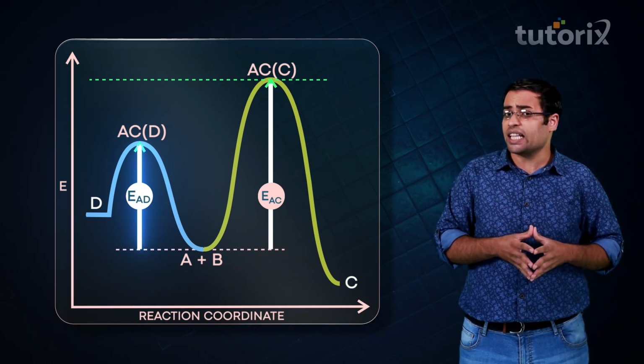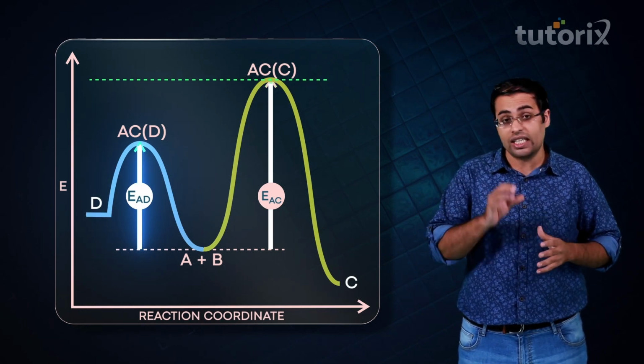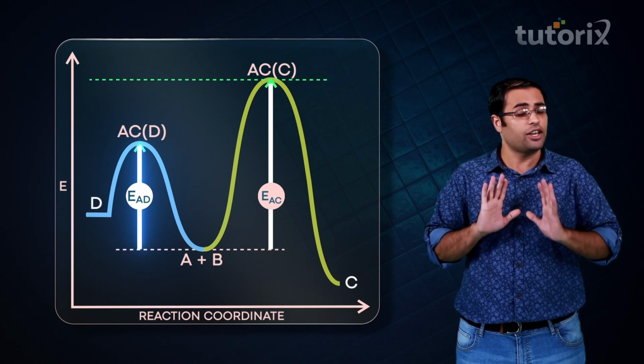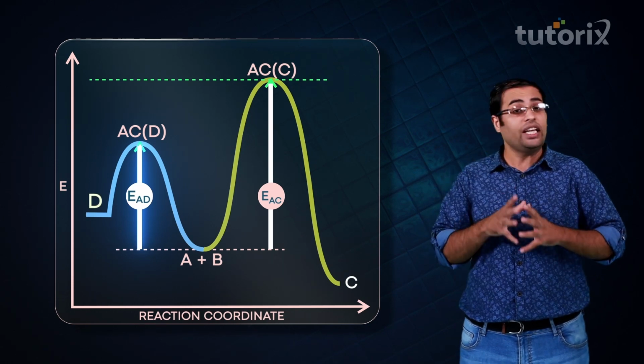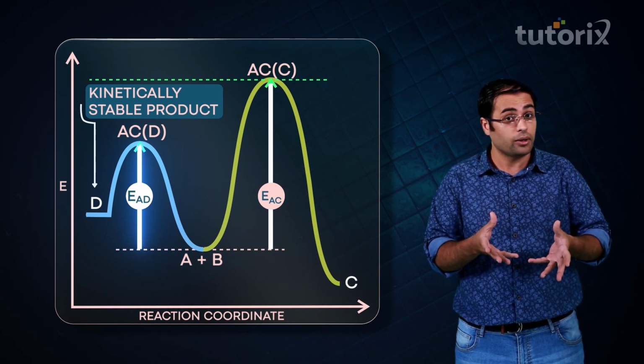So in a way, I can say that the product D forms faster as compared to the product C in these conditions. And this product D is called the kinetically controlled or kinetically stable product.